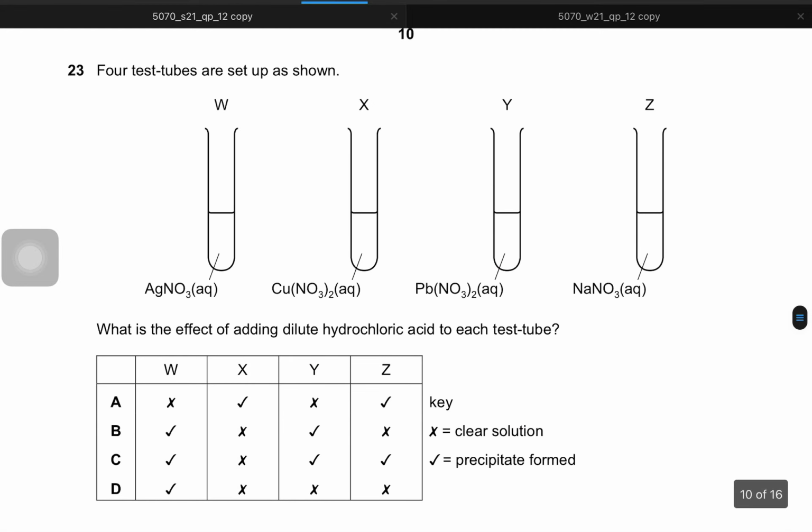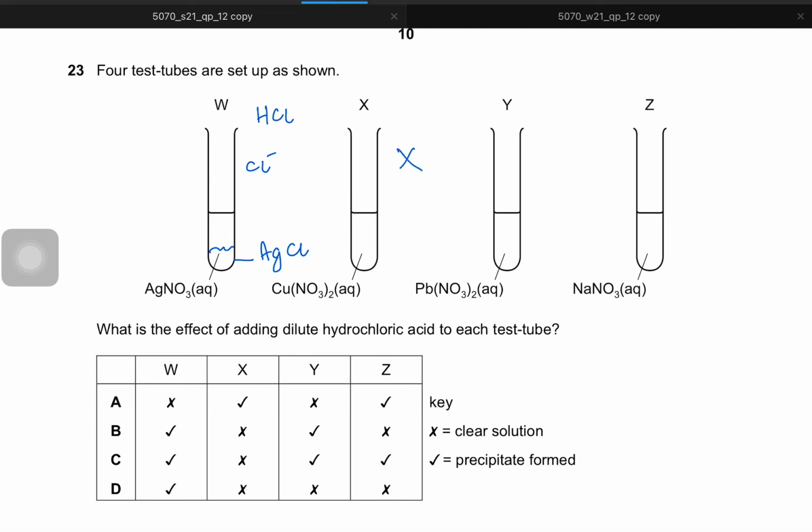Four test tubes are set up as shown: silver nitrate, copper 2 nitrate, lead 2 nitrate, sodium nitrate. What is the effect of adding dilute hydrochloric acid in each test tube? If you add chloride ions from the dilute hydrochloric acid, you're going to get a precipitate of silver chloride because of the silver ions. When you add it to copper nitrate, no reaction.